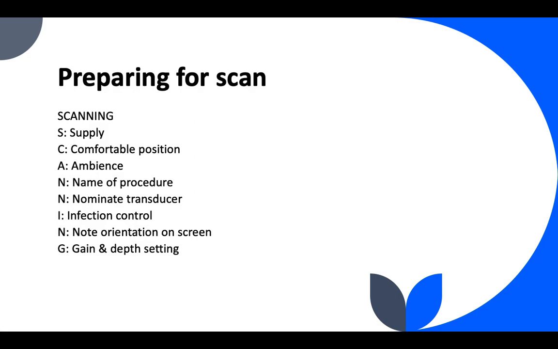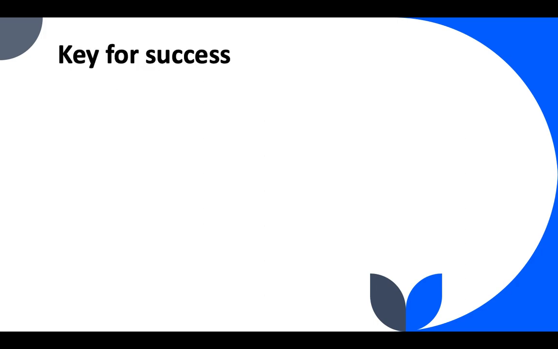We have to take proper aseptic precautions, that is infection control. We have to note the orientation on the screen, which side is the orientation marker, and we have to set gain and depth. So we start scanning with supplies, comfortable position, ambience, name of procedure, nominate transducer, infection control, note orientation on the screen, and gain and depth setting.